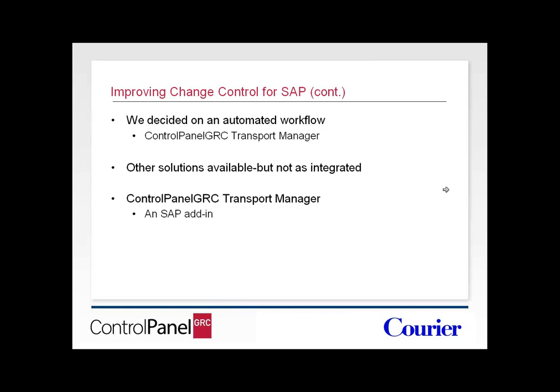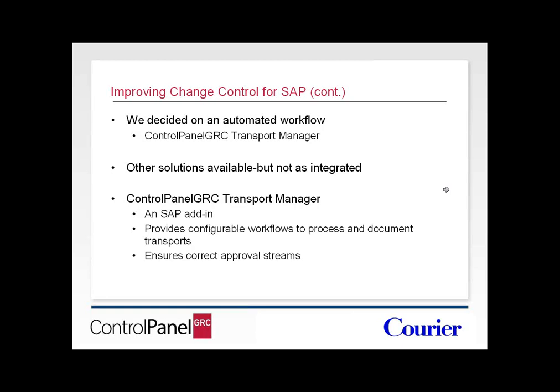It's an SAP add-in, so we work with it just by running a T-code from our SAP menu. It is configurable. We've done a number of workflow processes that serve to manage different kinds of changes. The big thing here is that we are ensuring the correct approval streams and we're documenting them. And we have a place to put additional reference documentation so it doesn't get lost anymore.